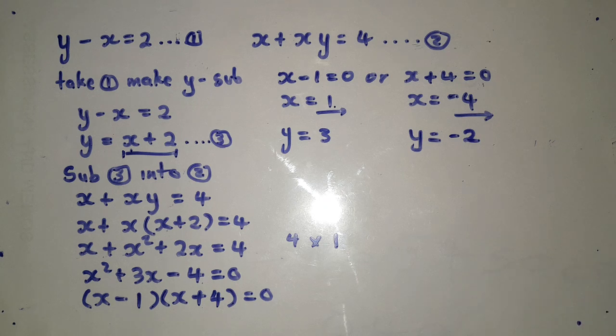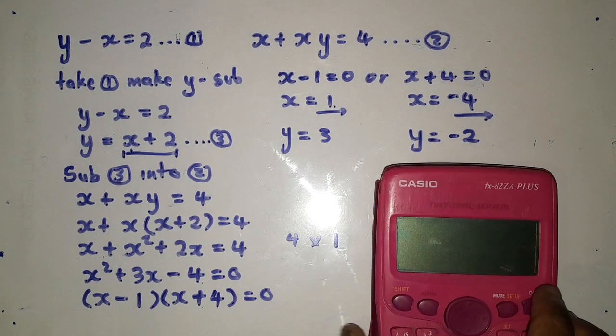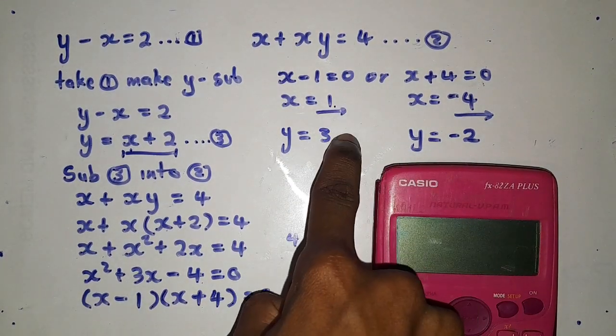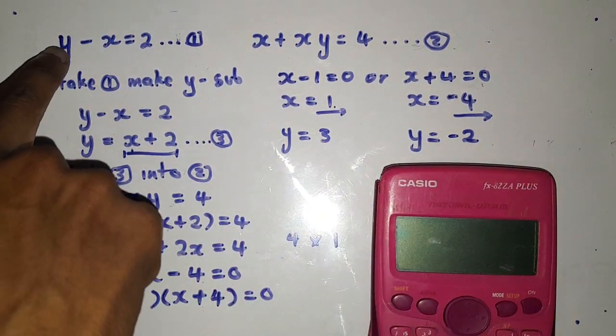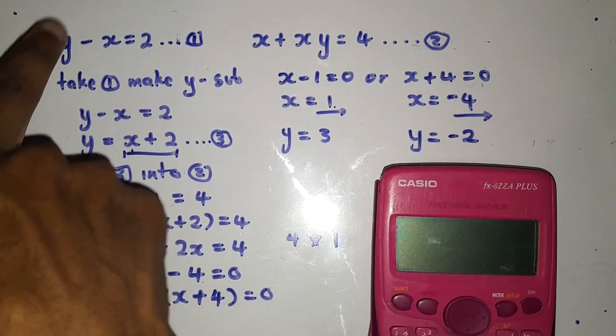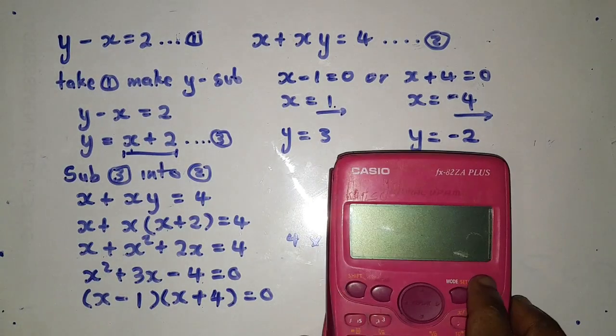Like this, I have managed to solve the simultaneous equation. In order to see if you did not make a mistake, you can just take those values. Let's say 1 and 3. Let us substitute 3 where we see y and 1 where we see x.